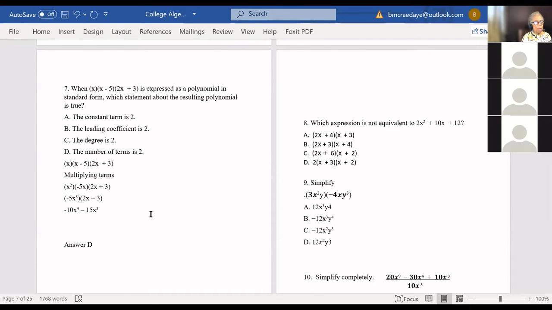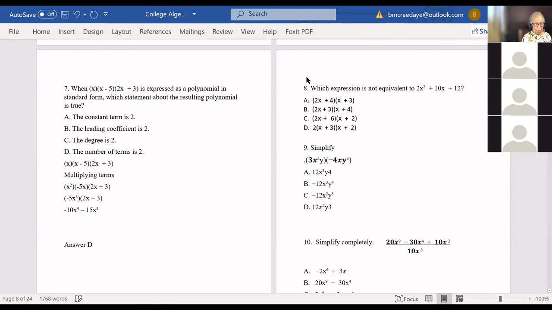Okay, number 8 is factoring. All right. So which expression is not equivalent to 2x squared plus 10x plus 12? Okay.